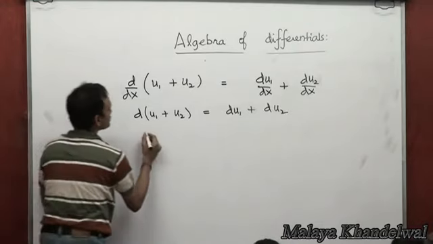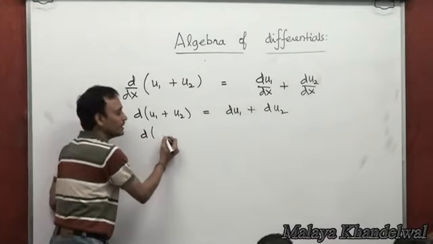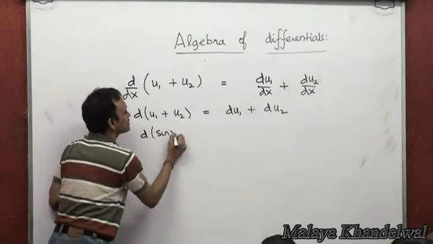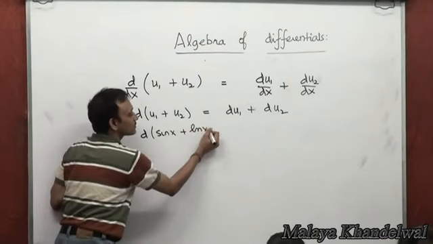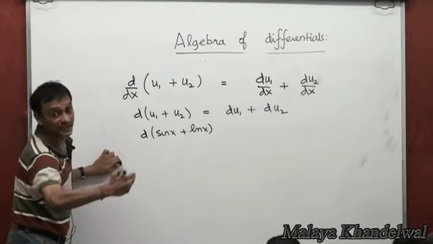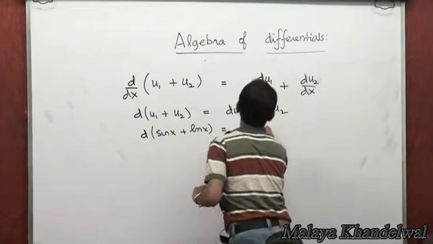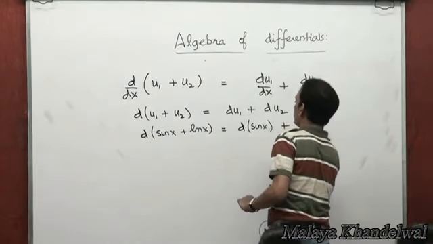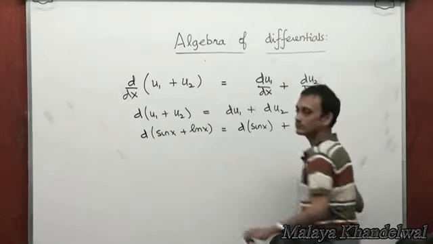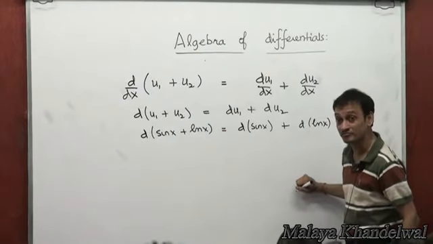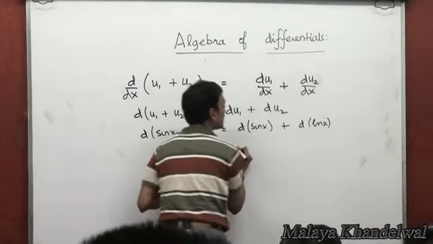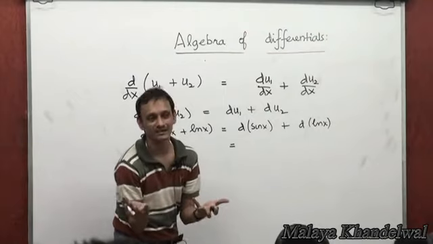So now, if I had d of sin x plus log x, that's going to be d of sin x plus d of log x. But d of sin x is something into dx. What thing?